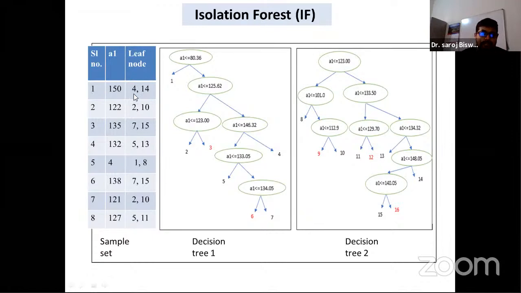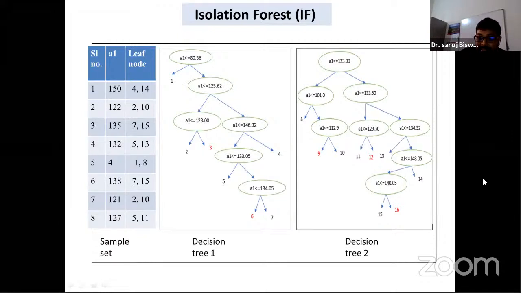In the first tree, it is terminated at 4, and the length is 3. In the second binary decision tree, the length of the path is 1, 2, 3, 4. So in one tree the length is 3, and in another tree the length is 4. Now we need to take the average, as already discussed.